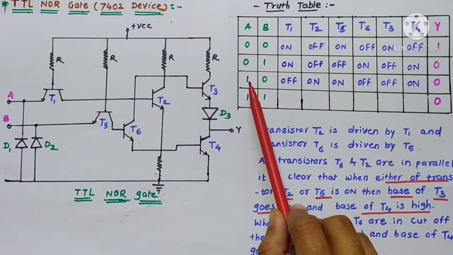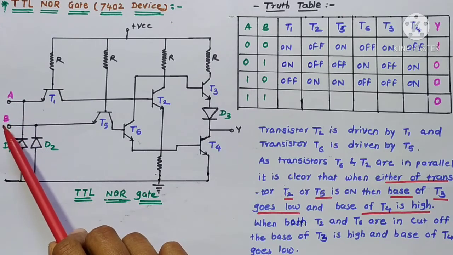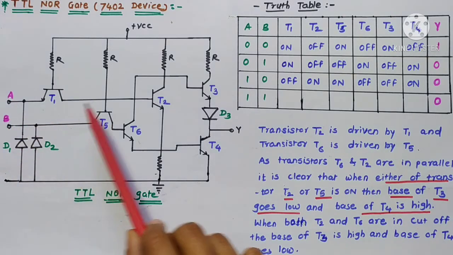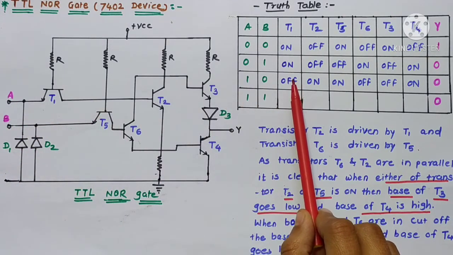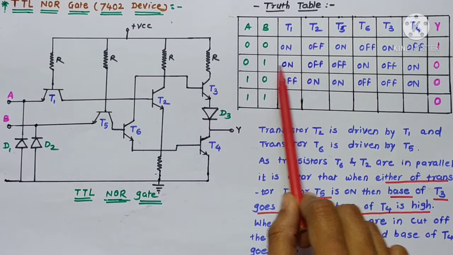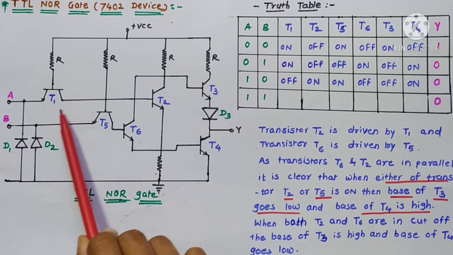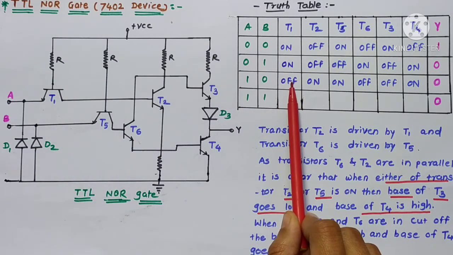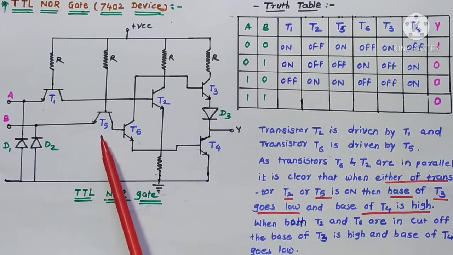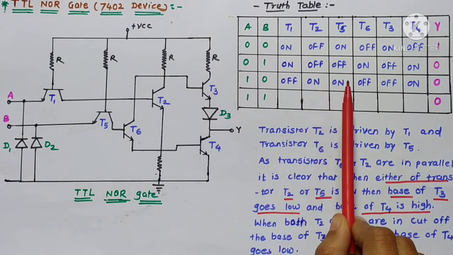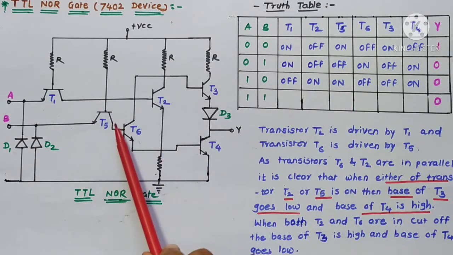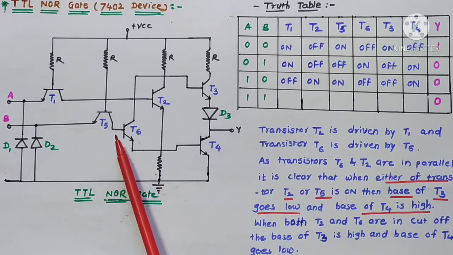In the similar way, when A is equal to 1, B is equal to 0, this condition reverses as compared to the previous case. Means here transistor T1 is off while transistor T5 is on. As transistor T5 switches on, its collector goes low, and the collector is given to the base of transistor T6.